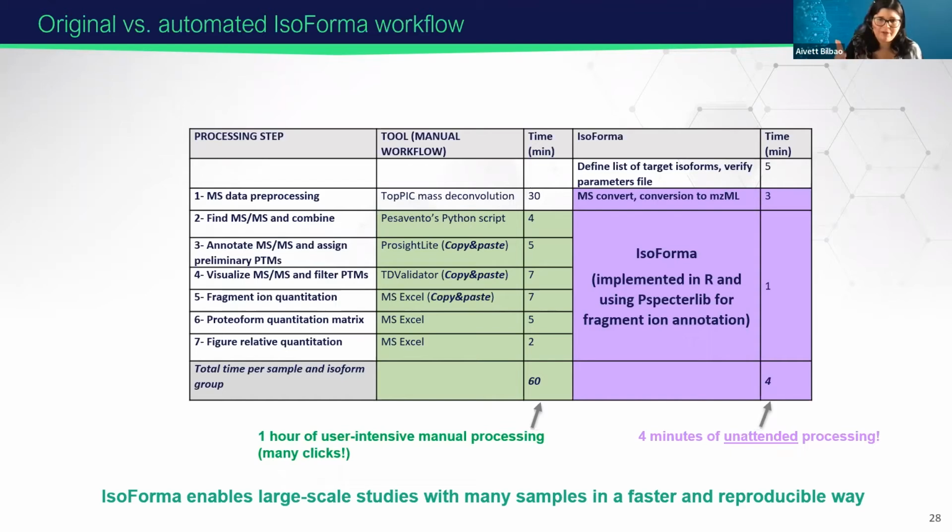And another difference is that, particularly for Isoforma, we are not depending on other tools to do mass deconvolution, because in our approach, we are generating theoretical isotopic distributions to match to experimental data directly, and we are using those matches, the scores, to filter, as David explained, and down select the best quality fragments to do the quantitation.